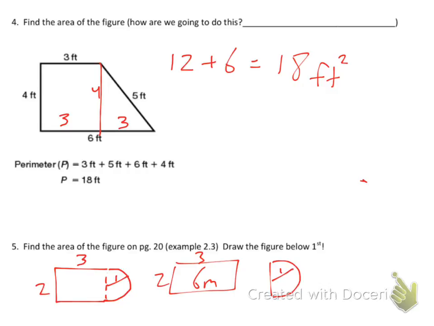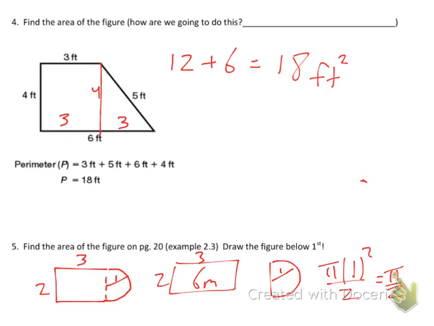Pi r squared, right? So it's pi times 1 squared. That's the whole area, and I've got to divide that by 2. So it's just pi over 2.